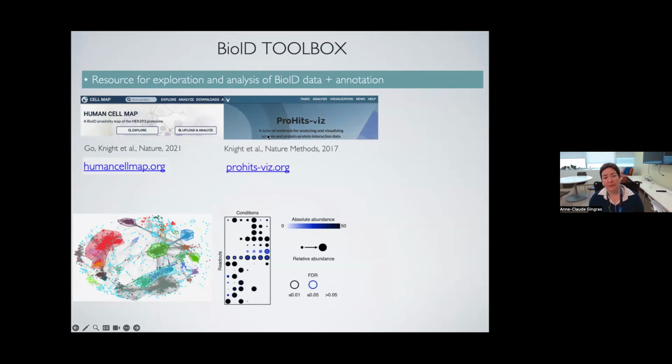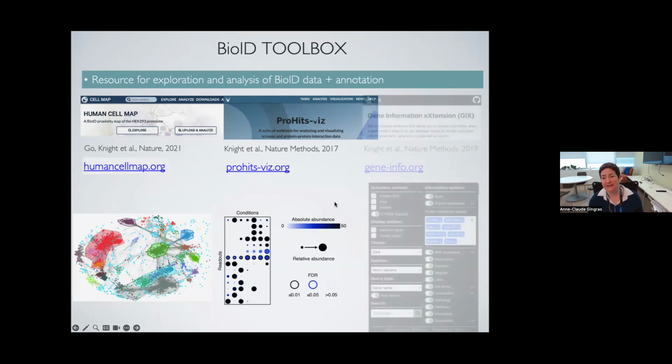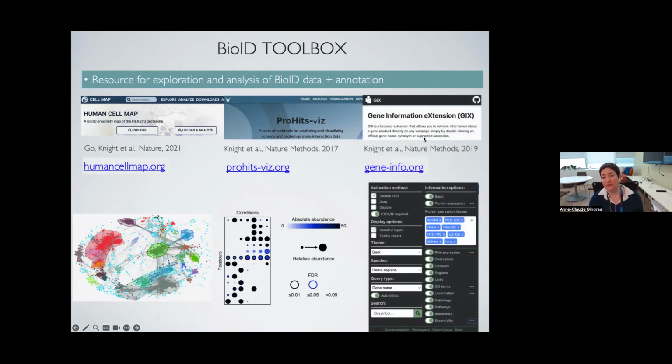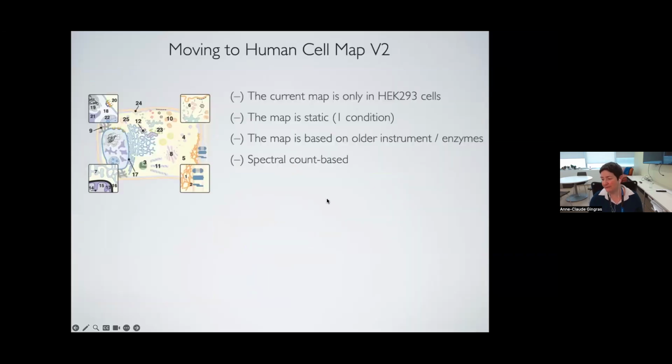And we developed, in part through the cell map effort but also some of the other projects, a resource for visualization of interaction and proximal interaction data, as well as new tools that help us, now that we generate a lot of data really quickly, to provide annotation to each of the proteins that we have using APIs to a number of different and very highly valued databases.